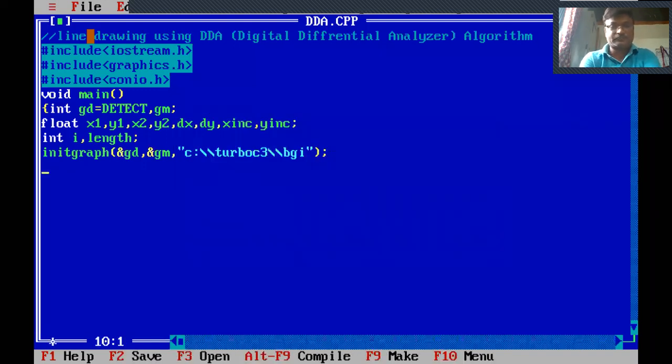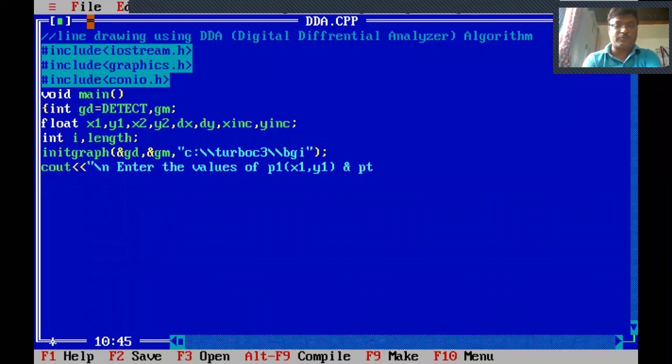Now suppose I am going to ask the user for the values of x1 and so on, using cout. Enter the values of p1, that is x1 comma y1, and p2, that is x2 comma y2.